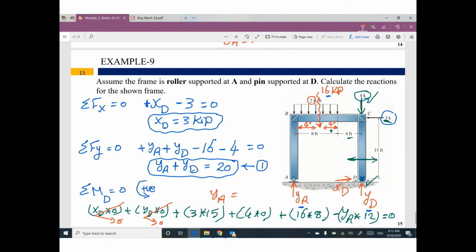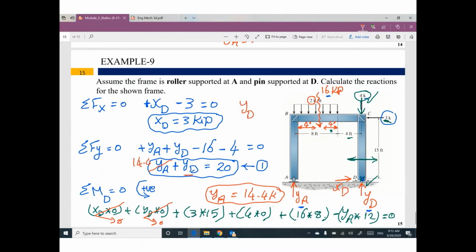It will be 3 times 15 plus 16 times 8 divide 12. This value will be 14.4 kip. So I can go back to put this value 14.4 to figure out the value of YD.